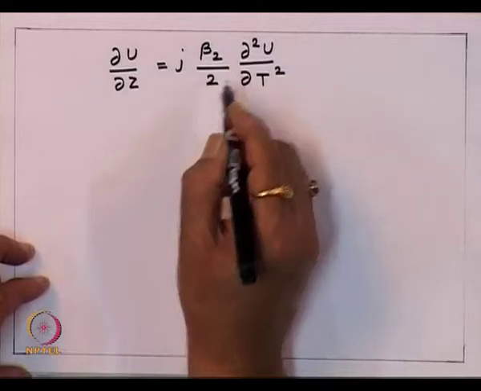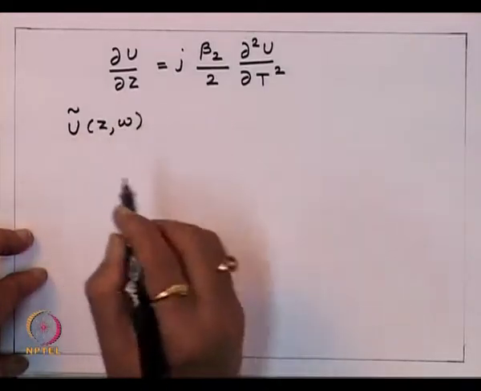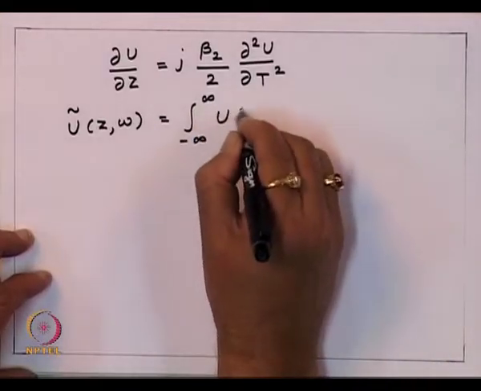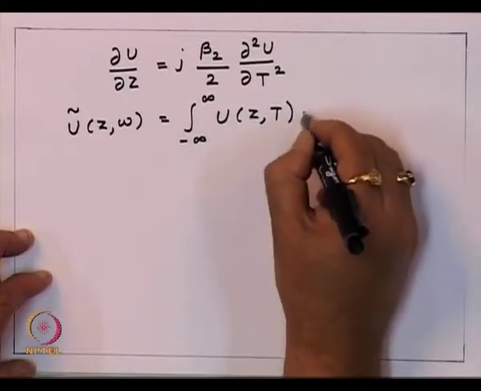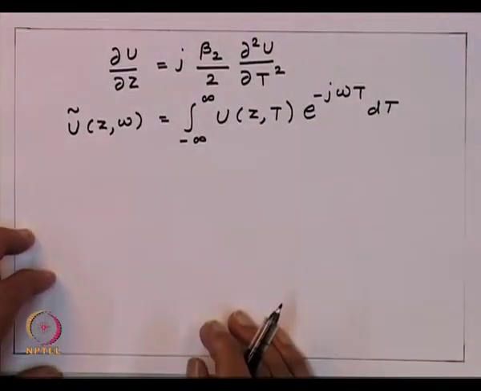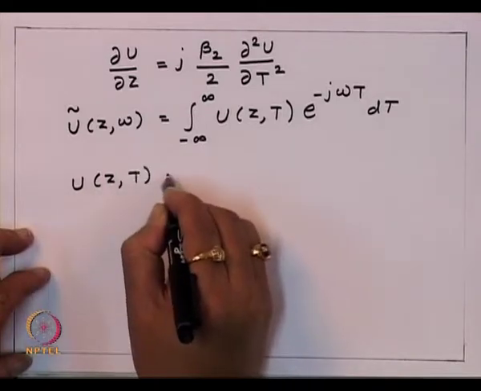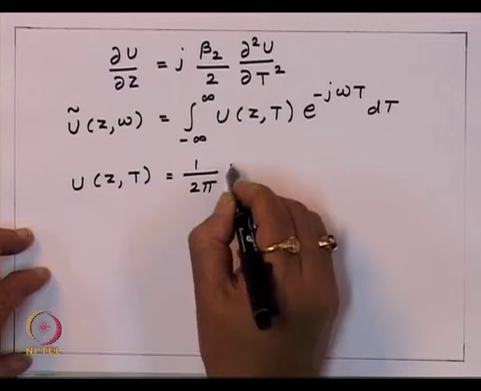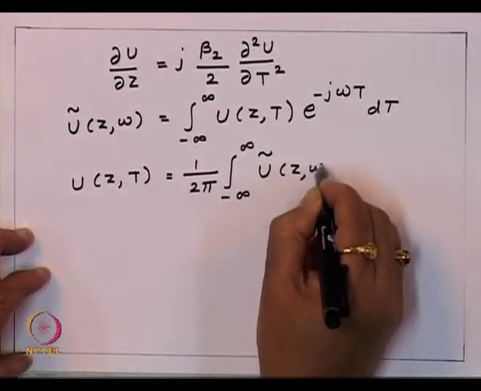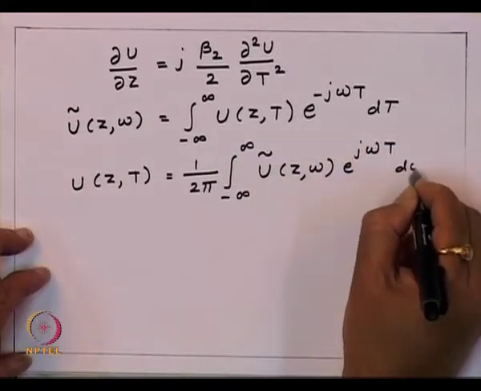So, if we define the Fourier transform u tilde of z, omega, which is the integral from minus infinity to infinity of u(z, t) e to the power minus j omega t dt, and the inverse Fourier transform as u(z, t) equal to 1 upon 2 pi integral from minus infinity to infinity of u tilde(z, omega) e to the power j omega t d omega.